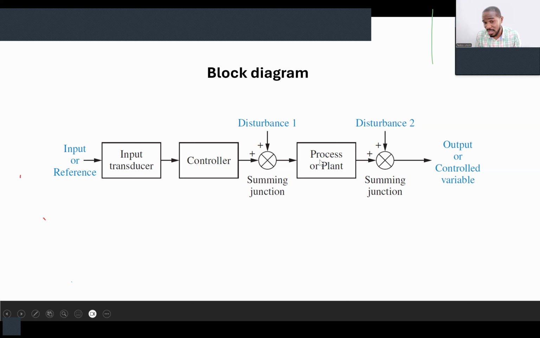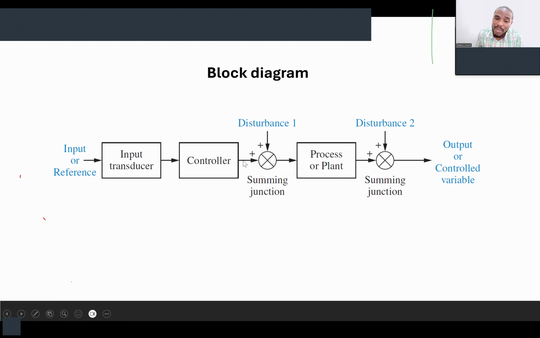But if there is a disturbance, you see that there's a different signal now coming from somewhere else. It's not coming from our input. It's not coming from the controller, but it's going to affect what happens to this plant. What we want is the signal from the controller.